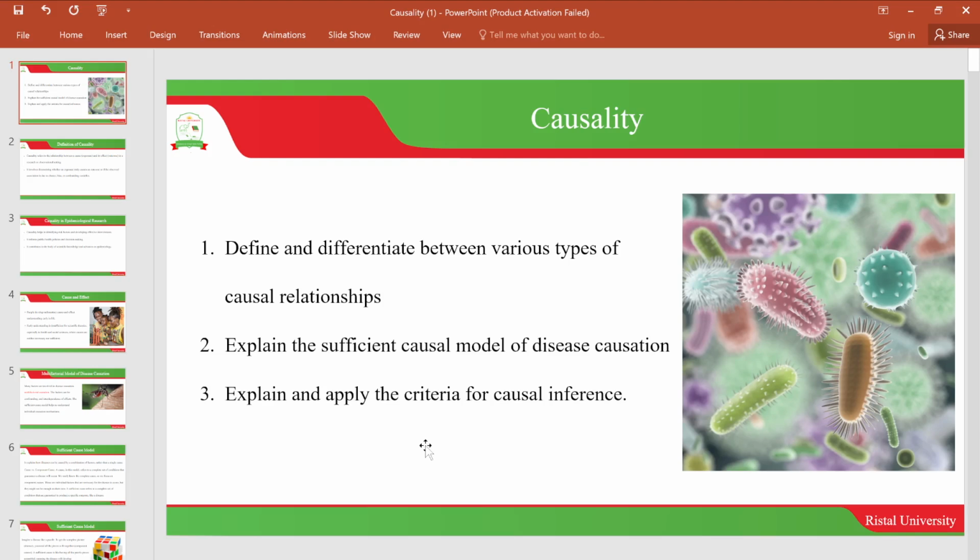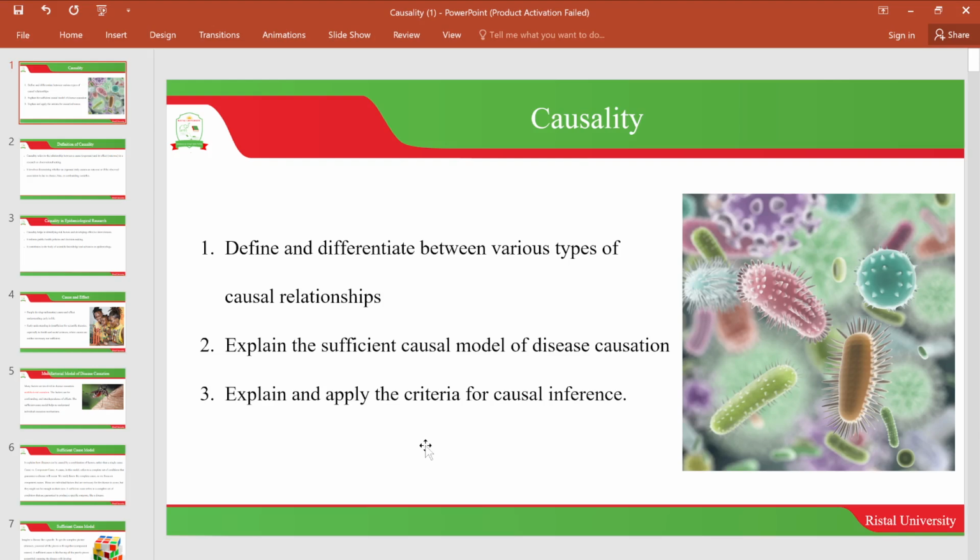Okay, so today's discussion basically follows that discussion, and it is focusing on causality. How do we make a decision to say that the occurrence of cancer in an individual is linked to smoking or is linked to genetic factors?